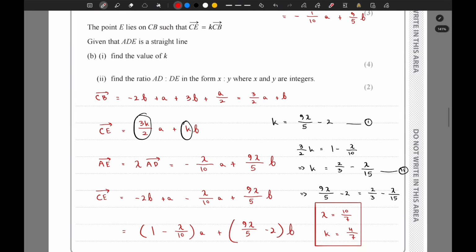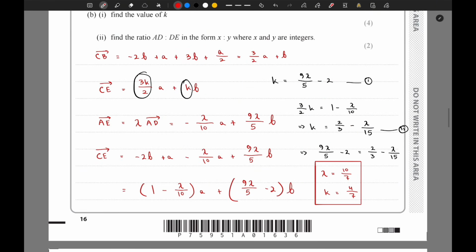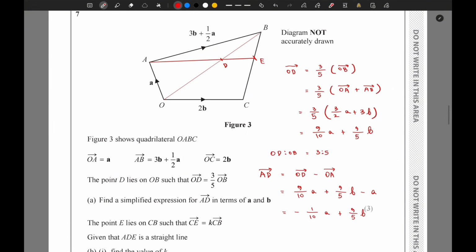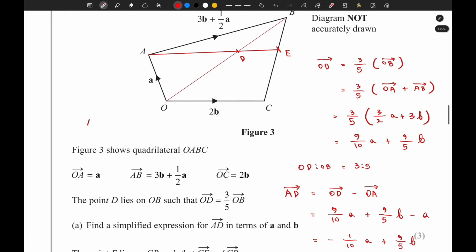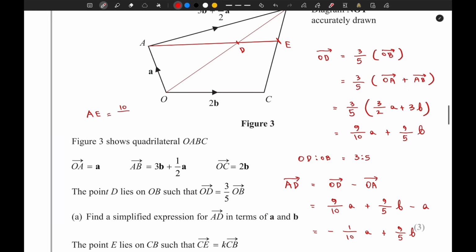For this question we just needed to find the value of k. Now we need to find the ratio of AD to DE. We know that AE equals lambda of AD. The value of lambda is 10 over 7, so it's 10 over 7 AD.